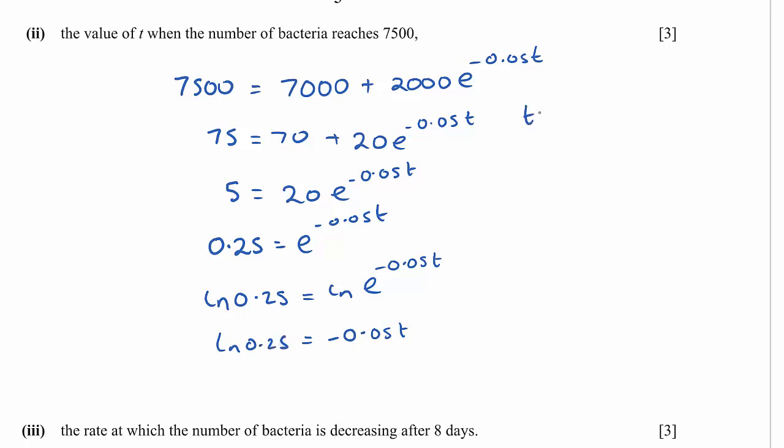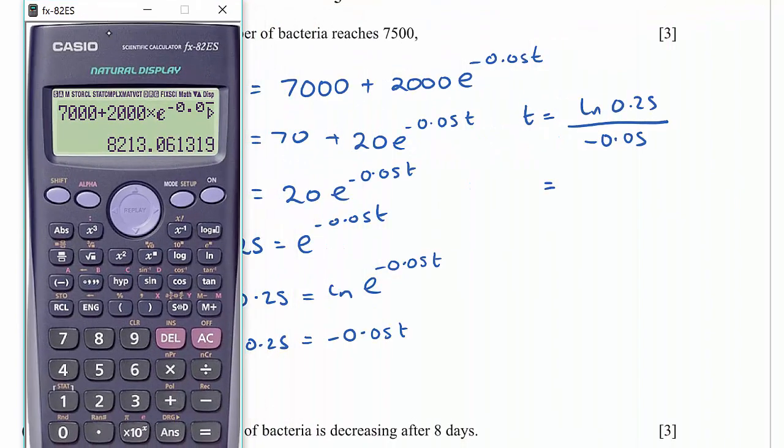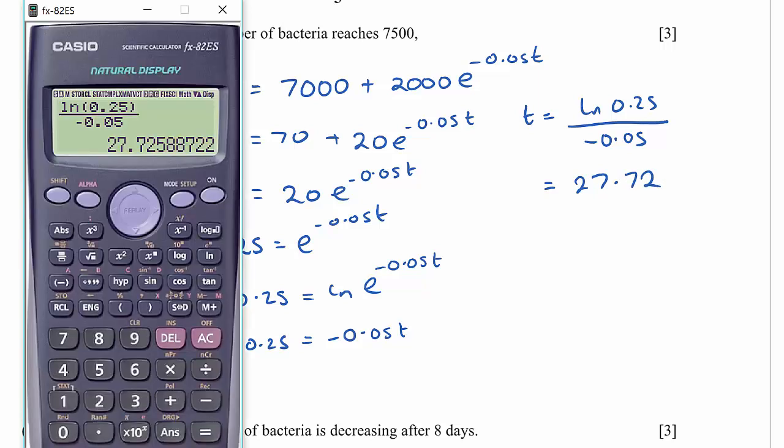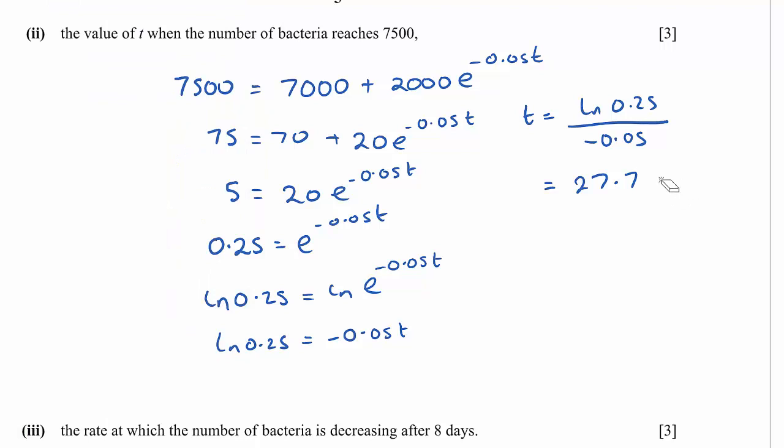And so t is going to be the ln of 0.25 divided by negative 0.05. So we can calculate that. So we have natural log 0.25 divided by negative 0.05, and that gives us 27.72725, so we'll say 27.73 to 2 decimal places.